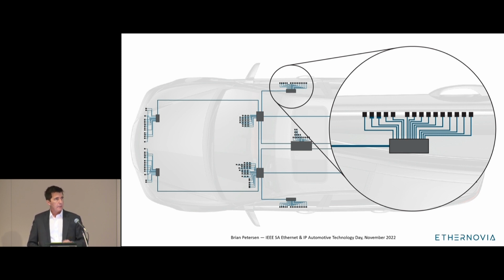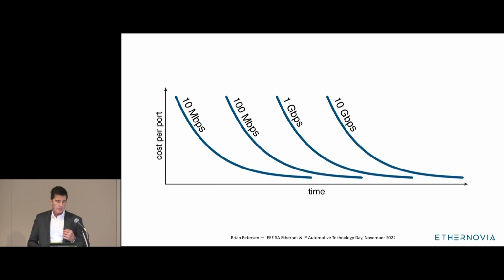I believe this will happen in automotive as well. Now, one of the reasons that Ethernet can be very effective in these various domains is its cost advantages. And with each speed grade of Ethernet that's been introduced over the years, it has followed a rather predictable cost reduction curve over time. And again, this will apply to automotive as well.